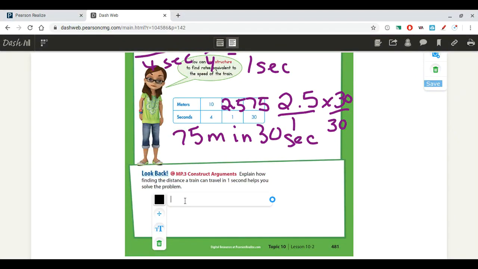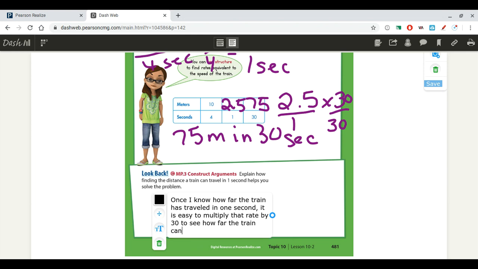So what this is going to do is once I know how far the train has traveled in 1 second, it's going to be easy for me to multiply that rate by 30 to see how far the train can travel in 30 seconds.